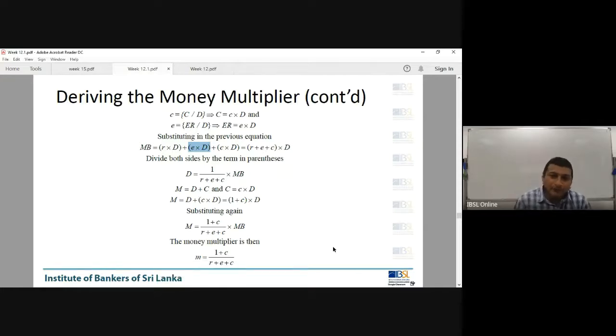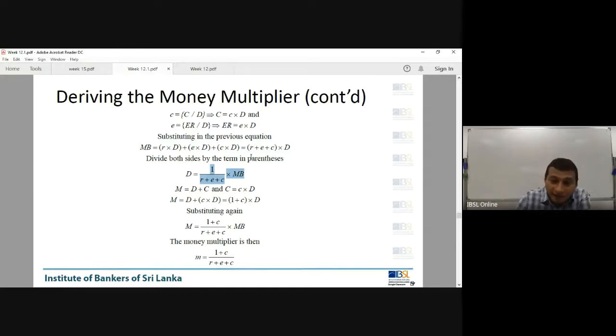So you now divide the entire equation, both sides, the monetary base side and the right side of the equation, by the term which is in parenthesis, that is R plus E plus C. If you divide the monetary base by R plus E plus C, you will end up with this component here: 1 over R plus E plus C times monetary base.